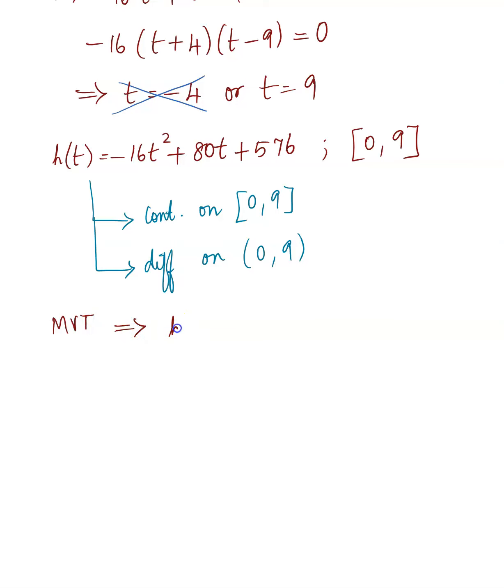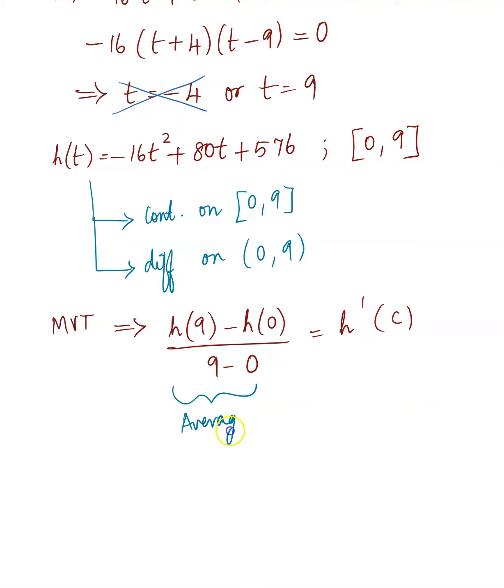MVT says h of 9 minus h of 0 over 9 minus 0 must be equal to h prime of c. And as I just mentioned previously, this is the average velocity over this interval 0 to 9 seconds.